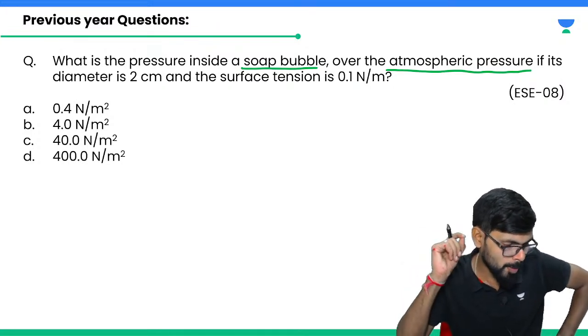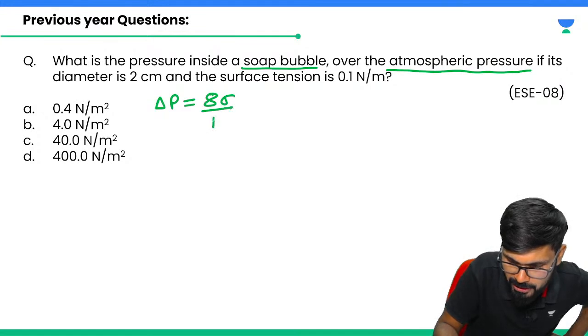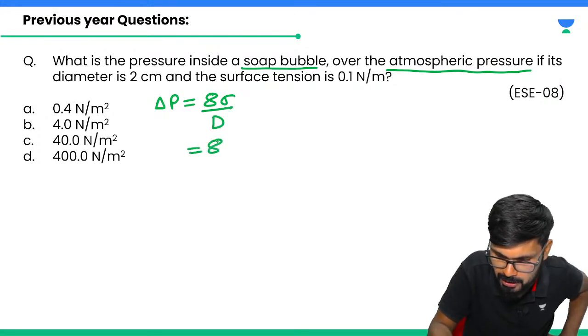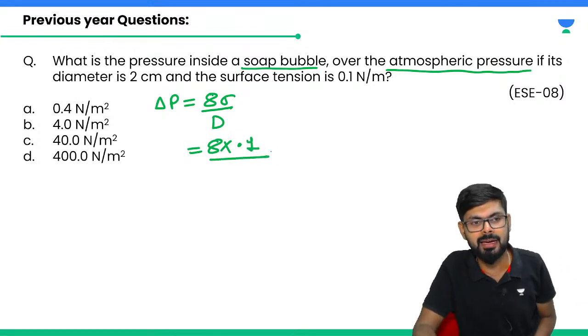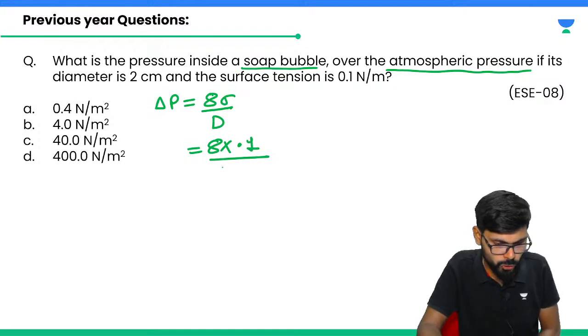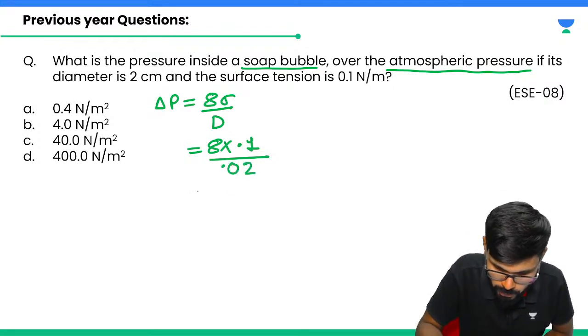So for a soap bubble, what was the formula? Delta P, which you need to find, is 8 sigma by D. So 8 into sigma value 0.1, and D is 2 centimeter, so convert into meters, 0.02.